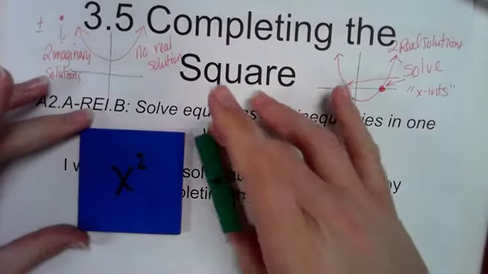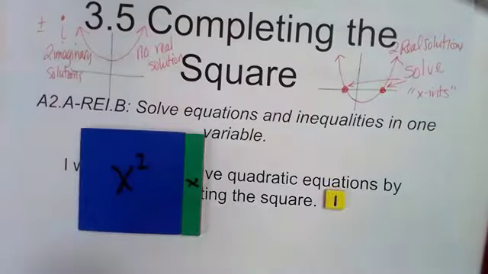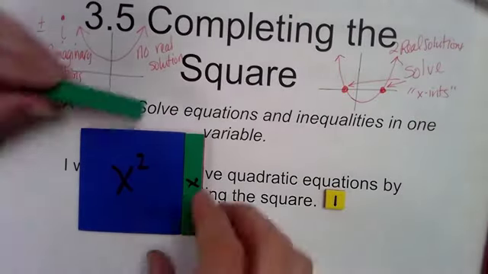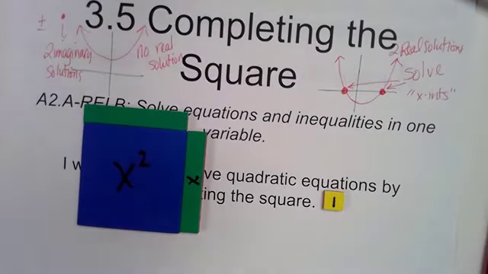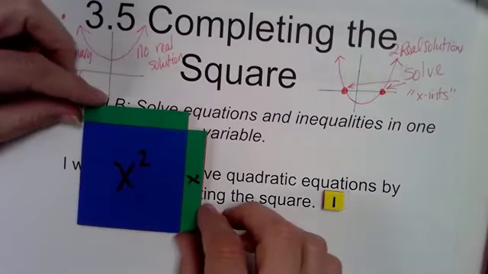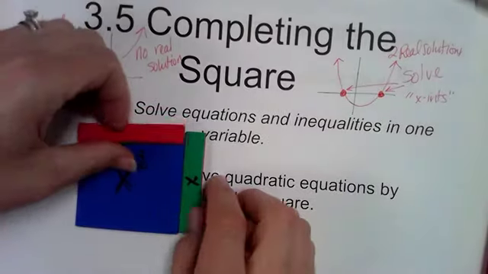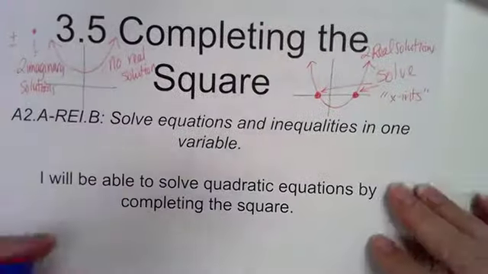And you'll notice that x times x gives us x squared. That's what we get when we multiply x's together. It gets us a square. So when we're completing the square, that's exactly what we're doing.